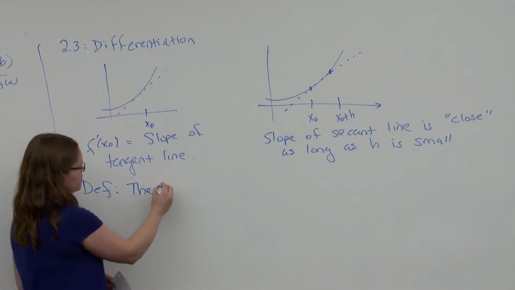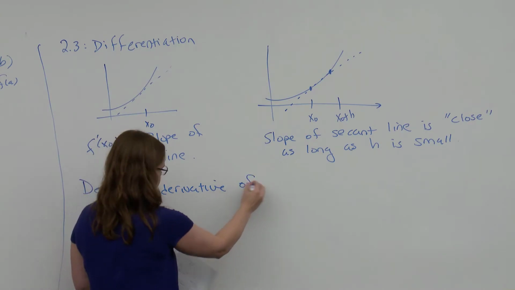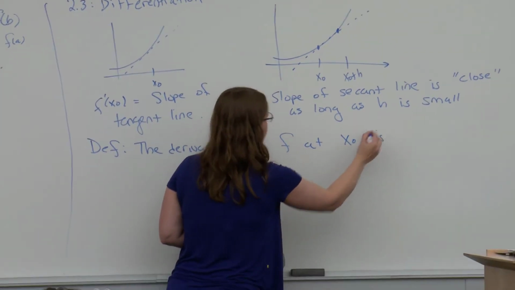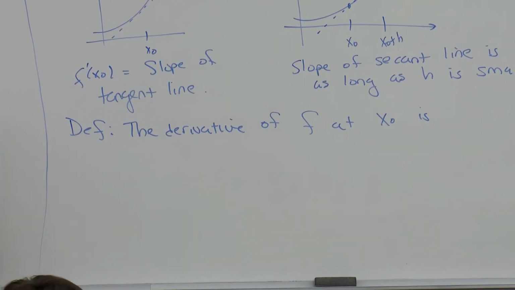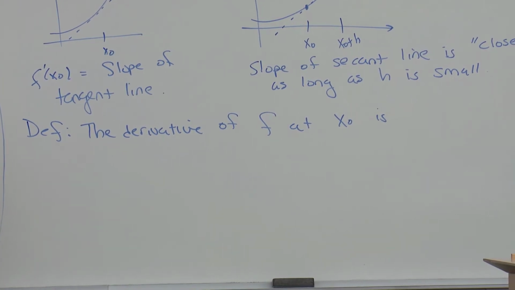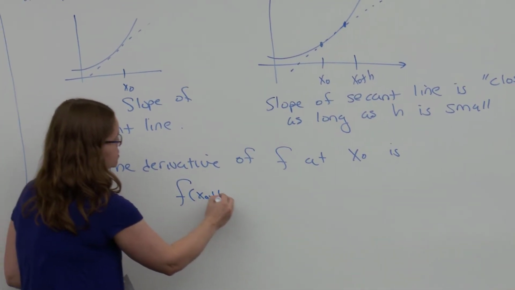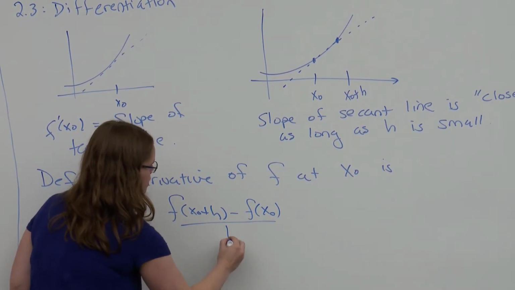The derivative of f at a point x naught is, okay, I'm going to just take the slope of the secant line. Slope of the secant line is nothing but rise over run, right? So f of x naught plus h minus f of x naught, divided by the run.